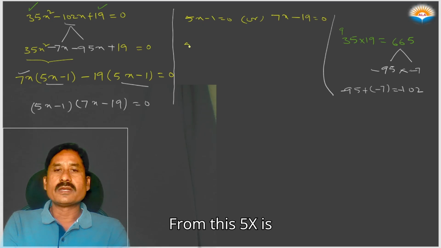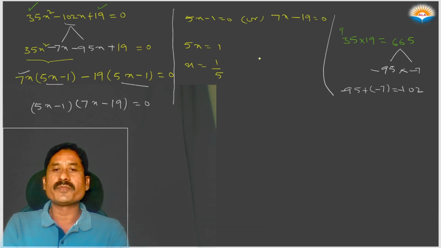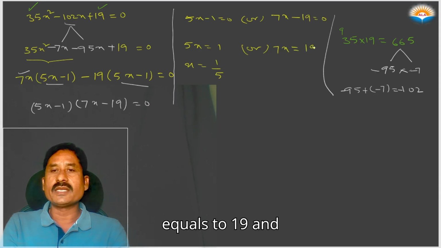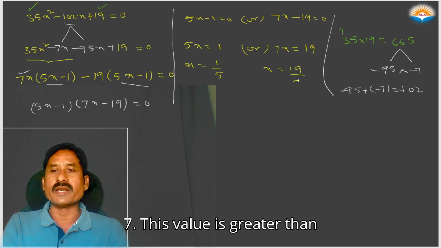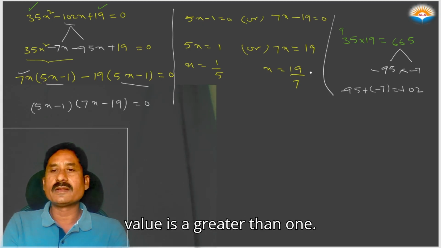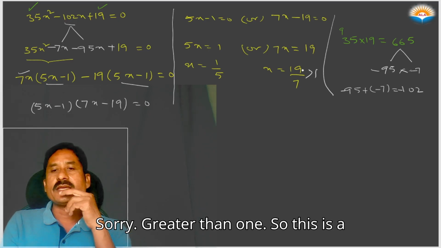From this 5x is equal to 1. Here x is equal to 1 by 5. The second one, 7x is equal to 19 and x is equal to 19 by 7. This value is greater than 1, so this is an improper fraction.